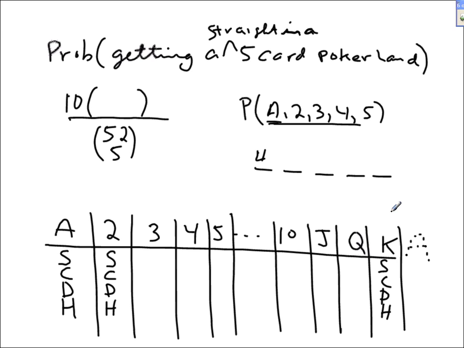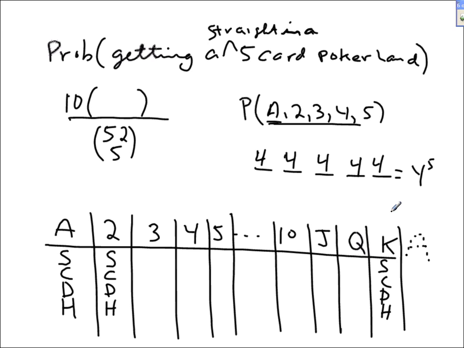The order doesn't matter. Well, that can happen in 1 of 4 ways. And the next card can happen in 1 of 4 ways. Okay, it's just 4 to the 5th. There's 4 to the 5th different ways of getting that poker hand. Ace, 2, 3, 4, 5. There's 4 to the 5th different ways.